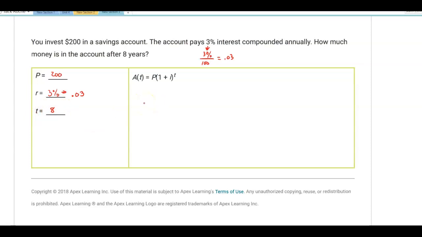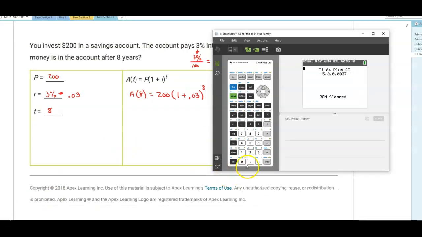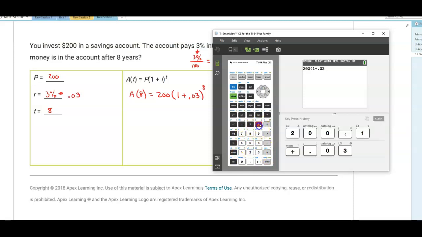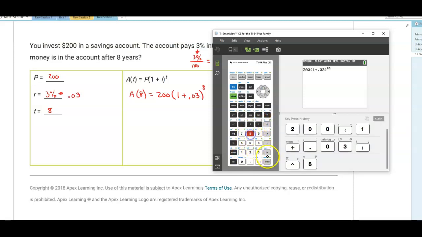Now when we calculate this, you put it in the calculator exactly the way you see it. So the amount after t years, which is 8, is 200 times 1 plus 0.03 raised to the 8th power. So I'm going to go 200, open the parentheses, 1 plus 0.03, close parentheses, then raise it to the 8th power.